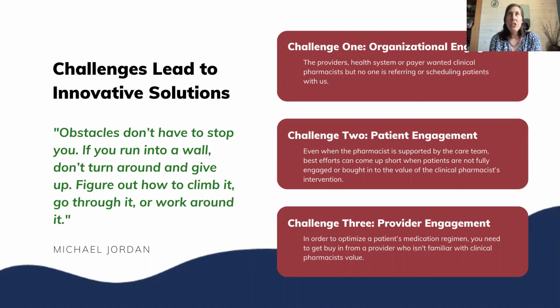The other piece here too is the patient says, I already have a pharmacist. And we've found lots of success in talking about how the clinical pharmacist partners with the entire care team, including their community pharmacist, who they can call and gather more information and get recommendations there as well.